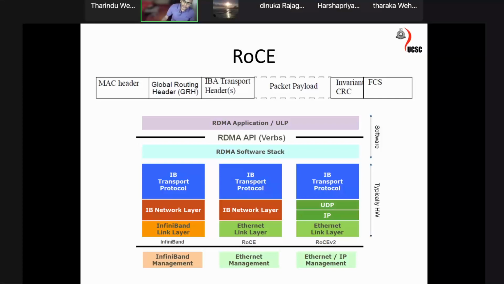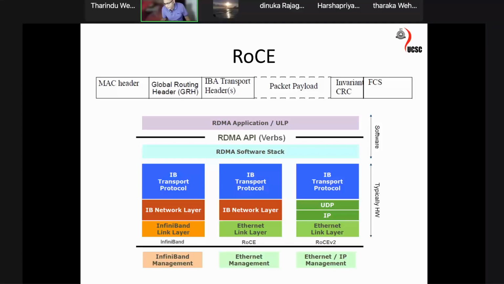You can implement RDMA over Converged Ethernet on your data center servers with these network cards and switches, and get similar performance to InfiniBand. So RDMA can be implemented on Ethernet. The first variant is RoCE v1, the short form of RDMA over Converged Ethernet, which replaces only the Ethernet layer.